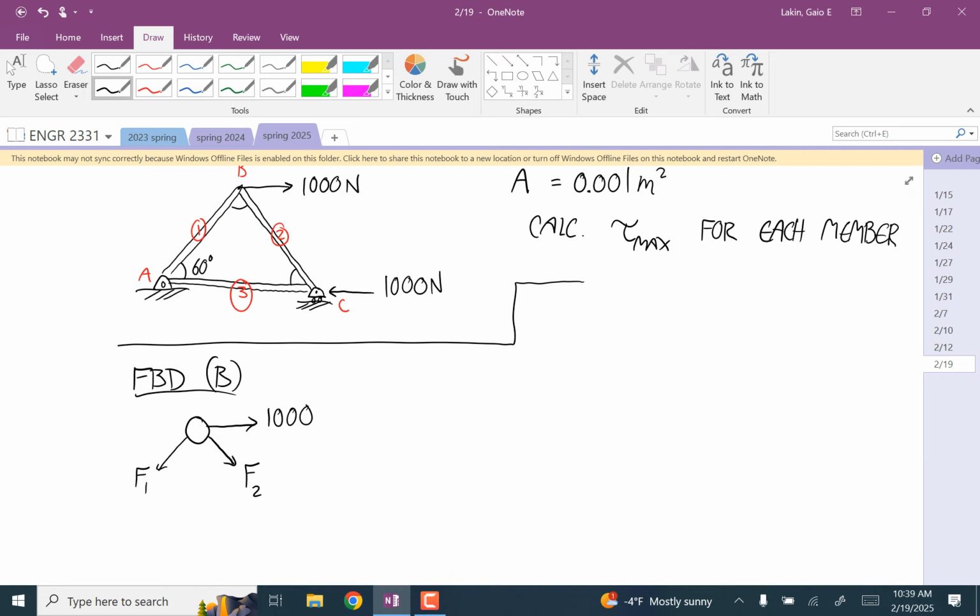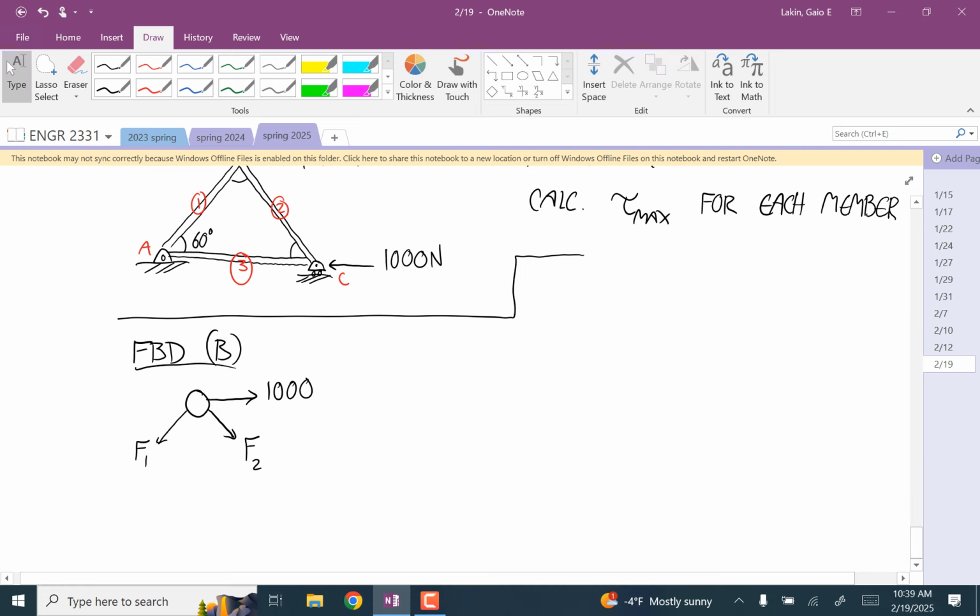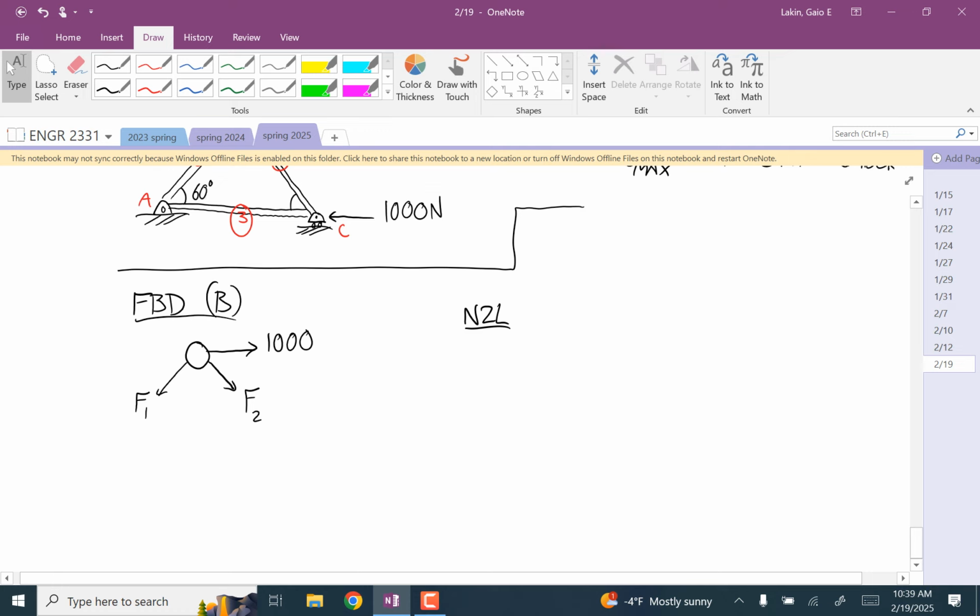And so Newton's second law says, the way I have this set up, we can solve this just joint by joint as we go. But instead, let me just come up with a system of equations, and then I'll show you how to do reduced row echelon form in your calculator to get that.